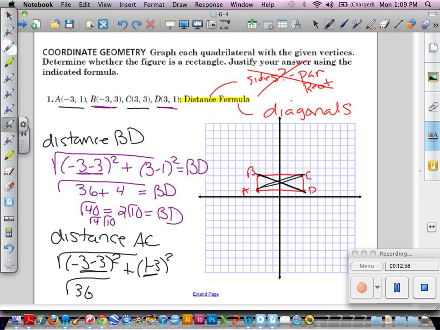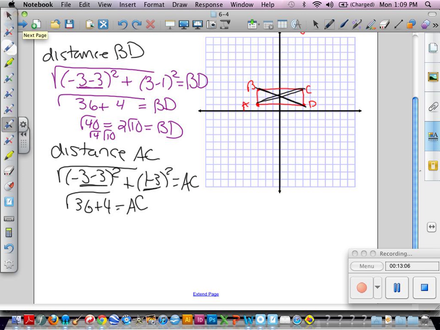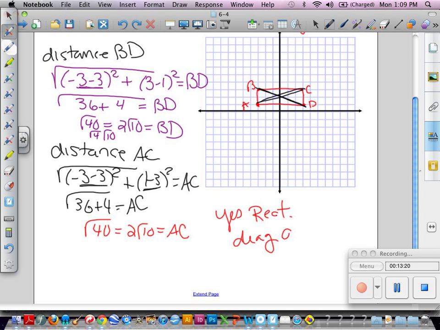I'm getting negative 2, negative 2 squared is 4. Oh, getting sloppy. AC, AC, extend. That means square root of 40, which again is 2 root 10, is AC. So yes, it is a rectangle, because diagonals are equal.